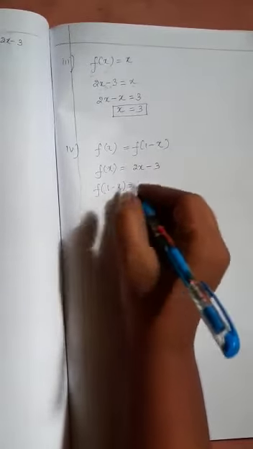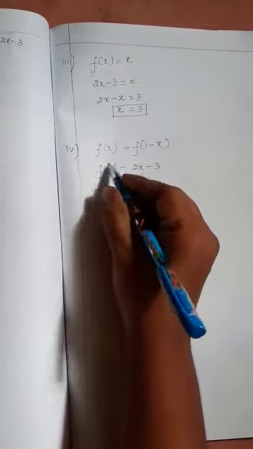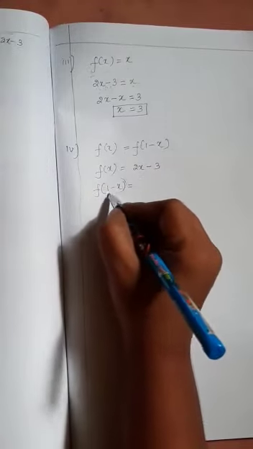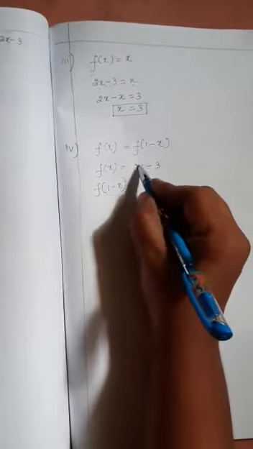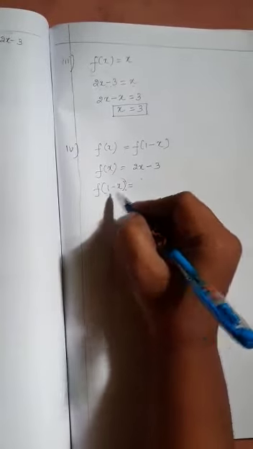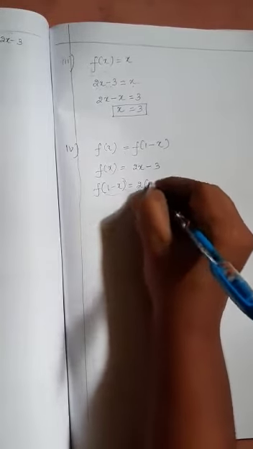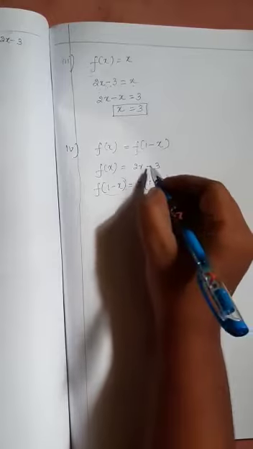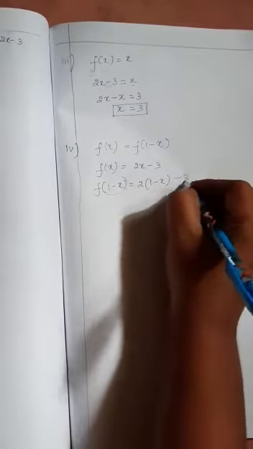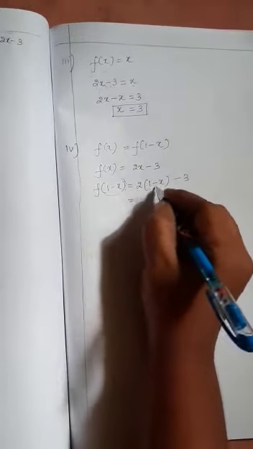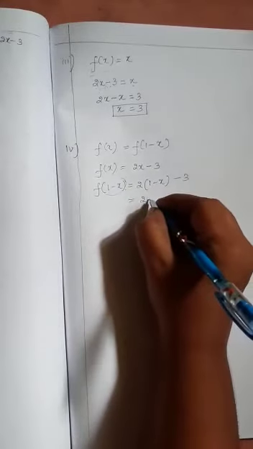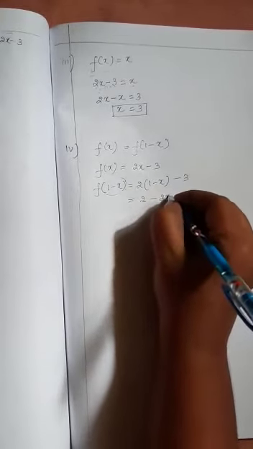F of 1 minus x is, see here in this place of x, what I have is 1 minus x. So in this place of x, I want to substitute 1 minus x. 2 into 1 minus x. Now minus 3, write that as it is. Multiply this inside. 2 into 1 is 2. Minus 2 into x is 2x.